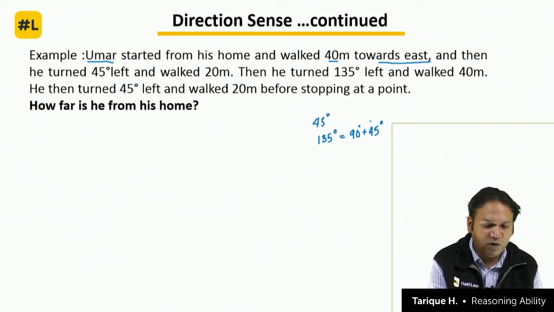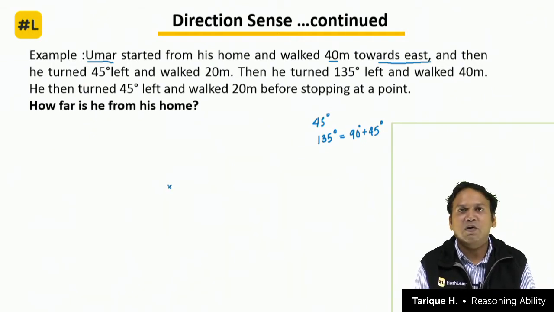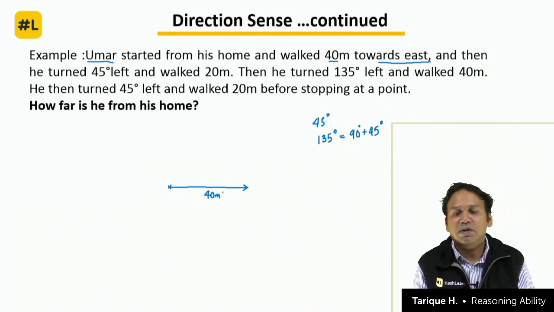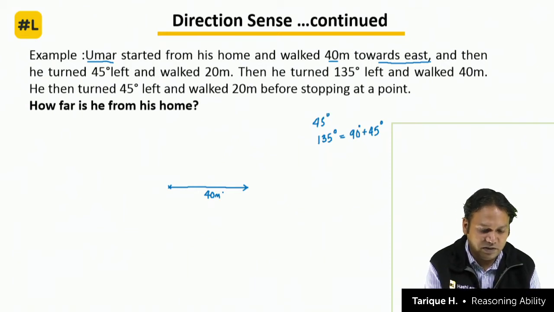So Umar started from his home and walked, let us say this is his home, 40 meters towards east. So let us say this is the distance he has covered, 40 meters towards east, and then turned 45 degrees left and walked 20 meters.